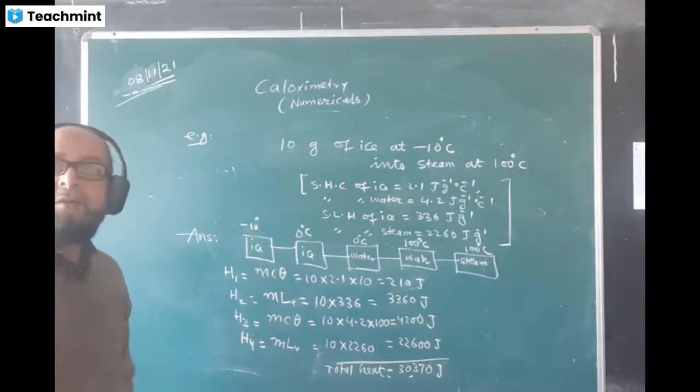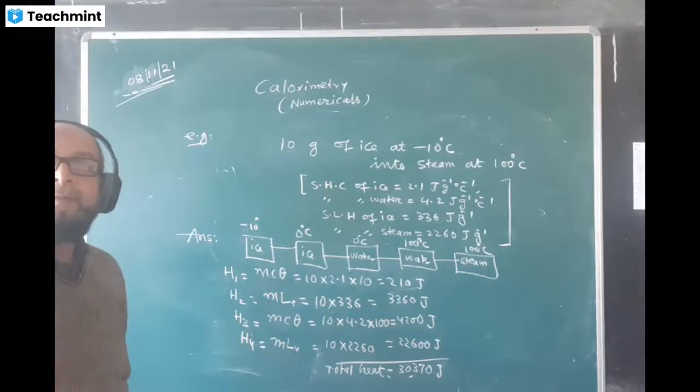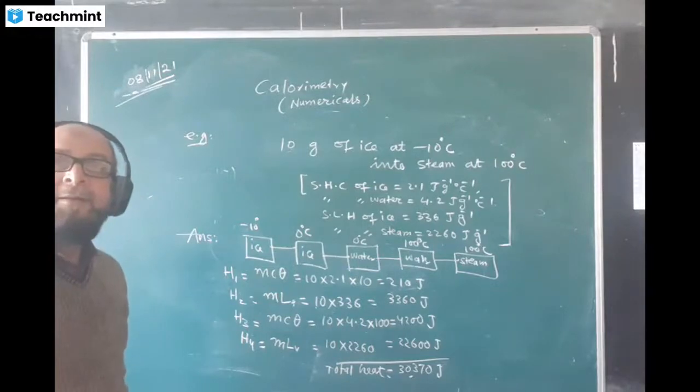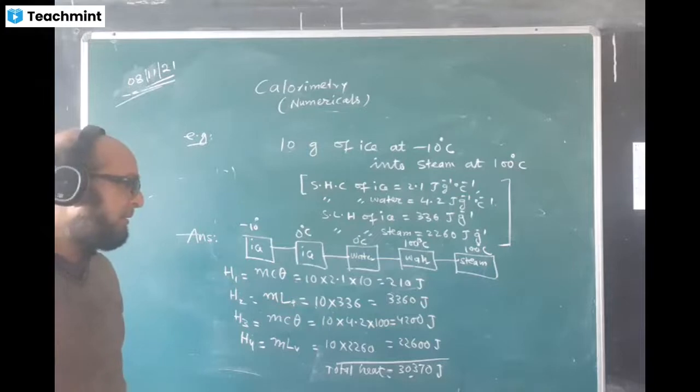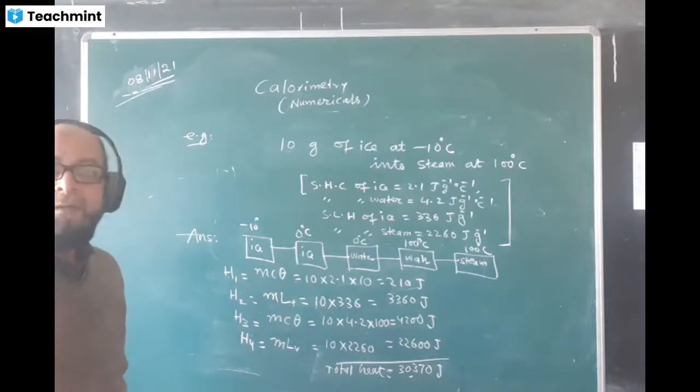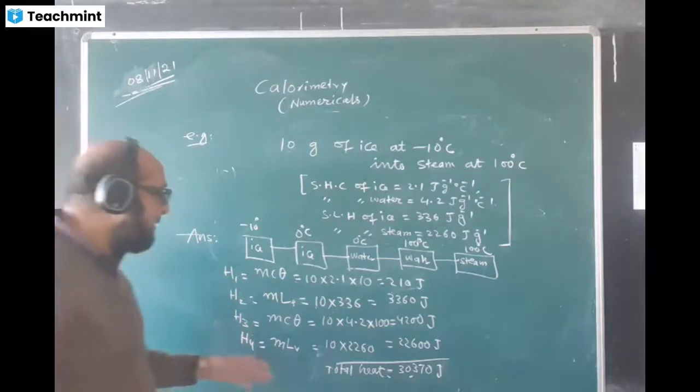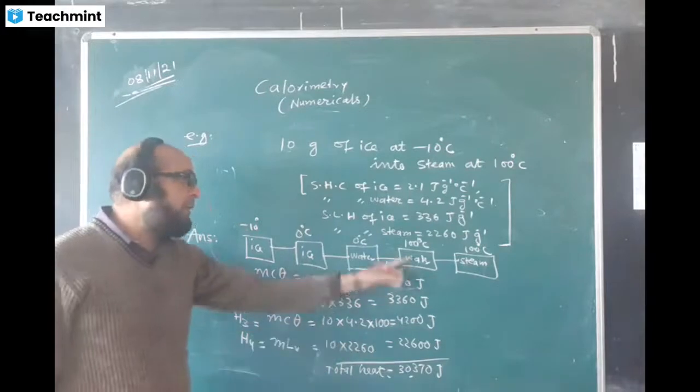Is my answer right or wrong? If it is wrong, ask me to correct. 30370 joule. This much heat is required to turn ice into steam. And the main heat conversion takes place while changing water into steam.